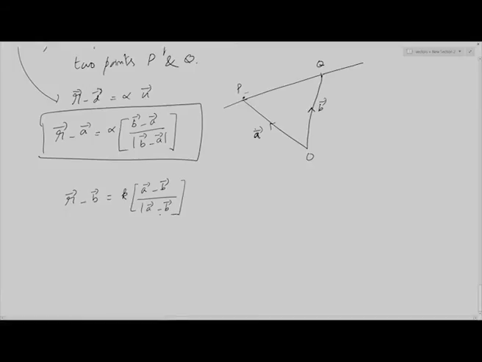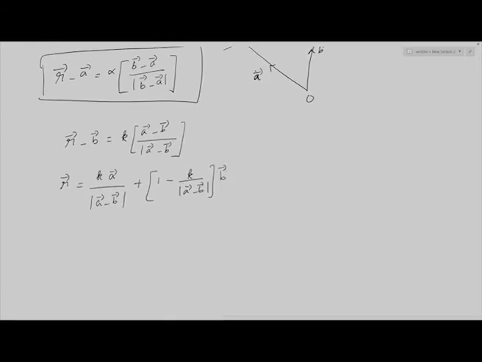Now this I can rewrite as r cap is equal to k a bar divided by mod a minus b plus, since there is a b bar on the right side, the vector b, therefore it is 1 minus k times a bar minus vector a minus vector b into vector b.